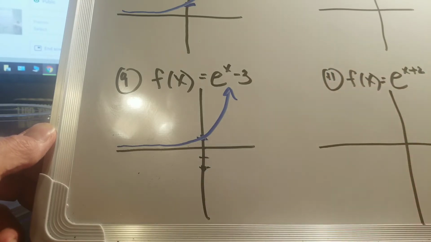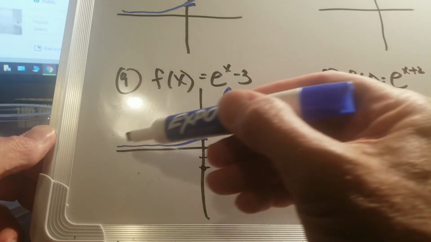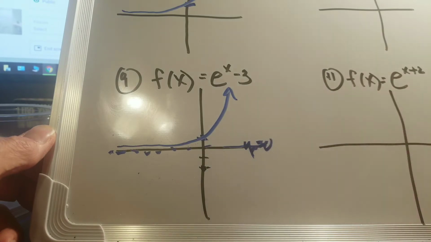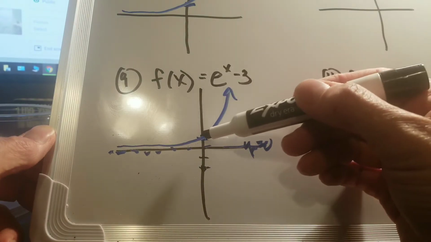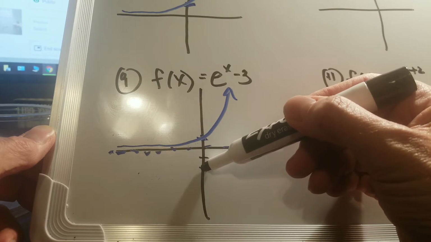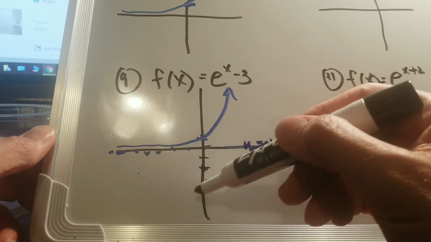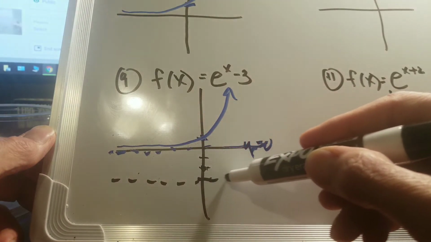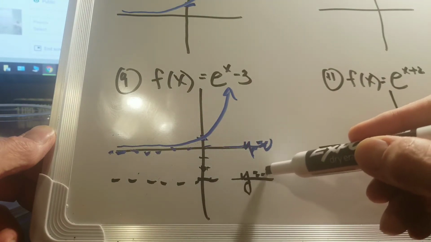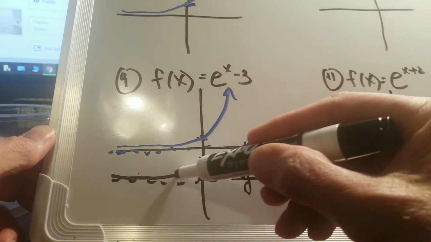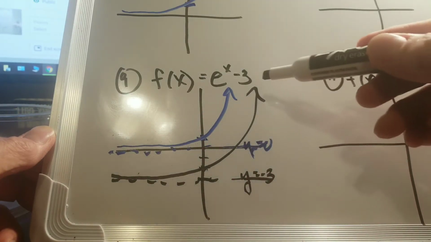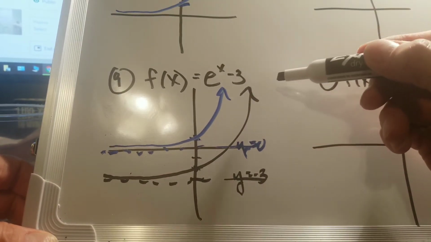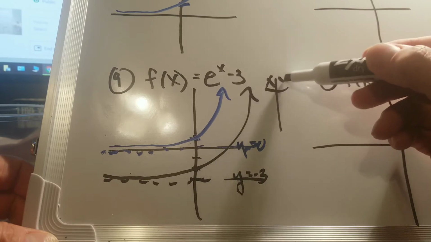And by the way, the asymptote for this graph is this dot right here. That's y is equal to 0. So if you drop this 3, 1, 2, 3, that's right here. Okay, you have to go one extra one. And put your asymptote going across. Y is equal to -3, and then just go up. Pretty straightforward.